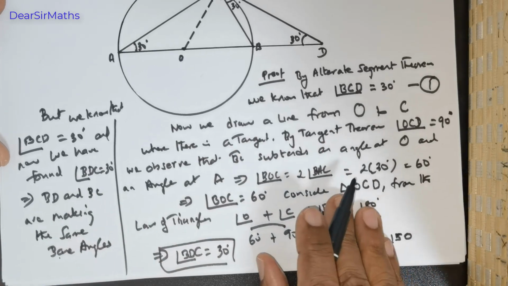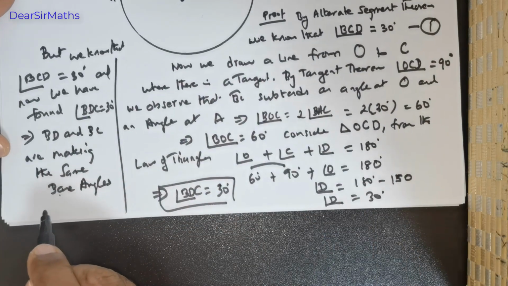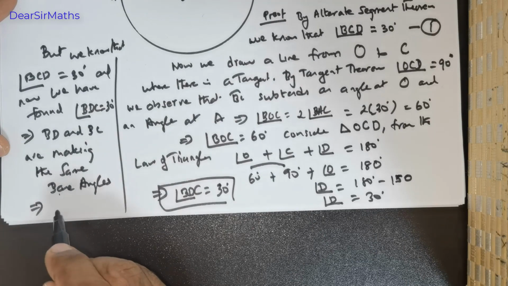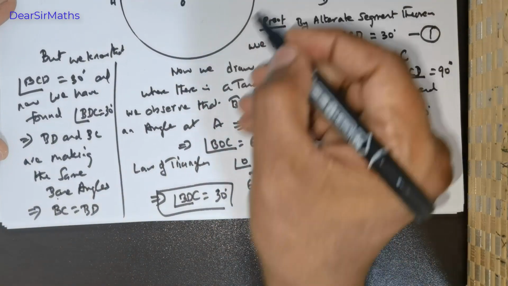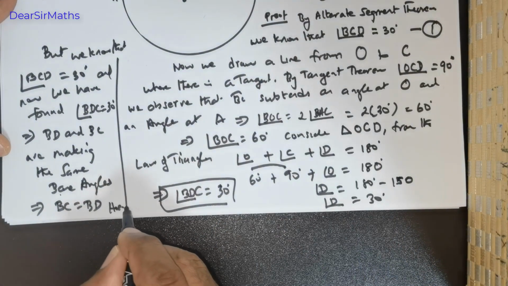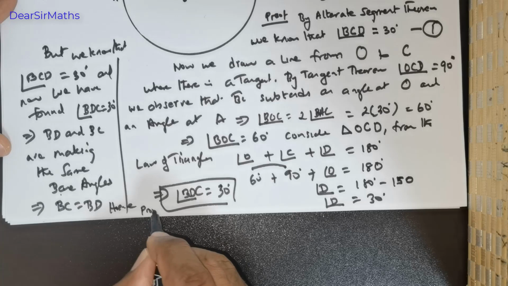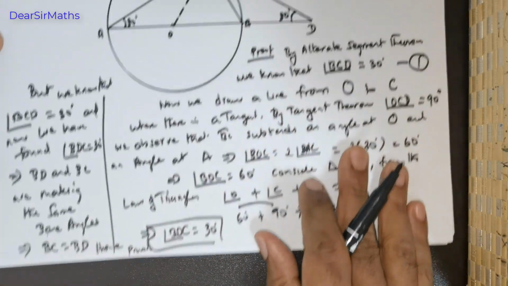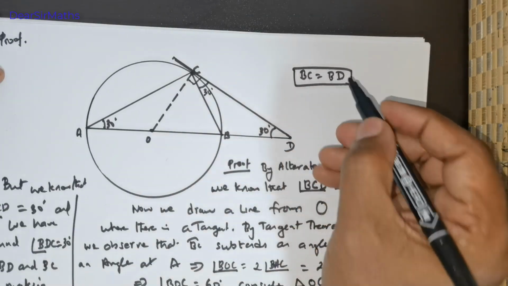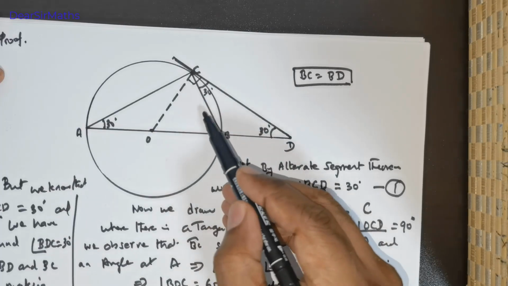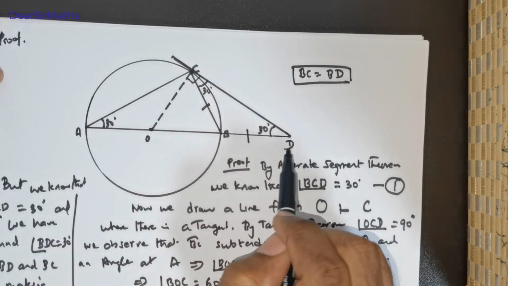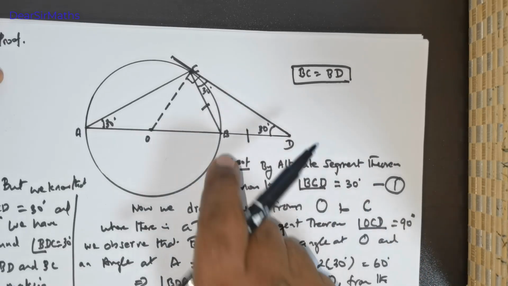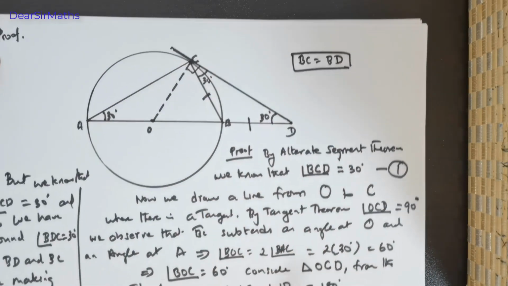Base angles. So what does this mean? This means that they are equal. This means BC is equal to BD, hence proved. Hence the statement BC is equal to BD is proved, because only if the sides are equal will they have the same base angle. We are talking about an isosceles triangle.